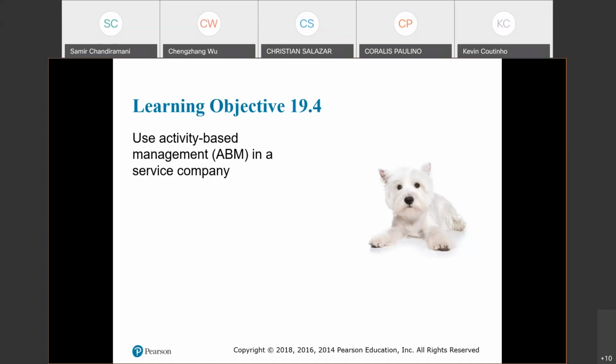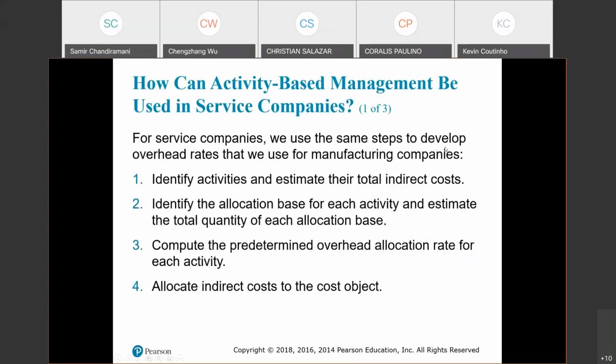The hospital would follow the same 4 steps as how it is used in the manufacturing company. Same 4 steps. Again, let's have a quick review.